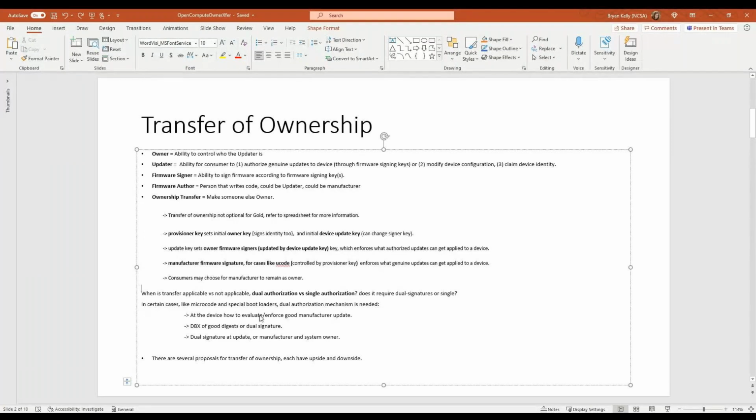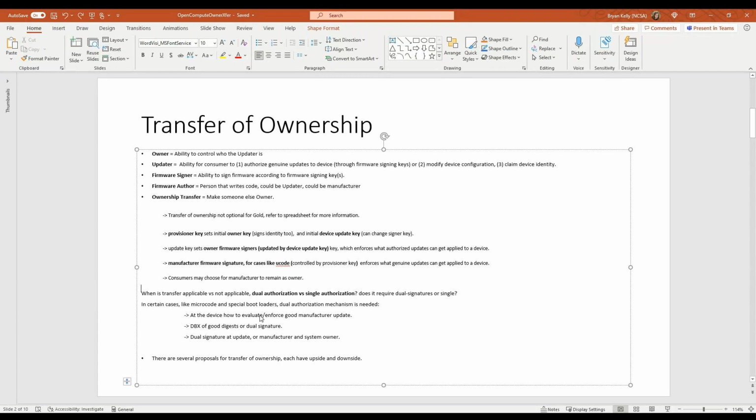I don't think that would remain true as a role for the updater. It seems that the owner, who's determining who the updater is, which starts out as the manufacturer, also has this manufacturer key in there to ensure that what the owner is applying to the device, including bits, is genuinely signed by the manufacturer.